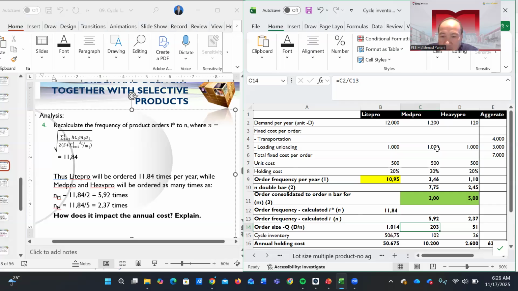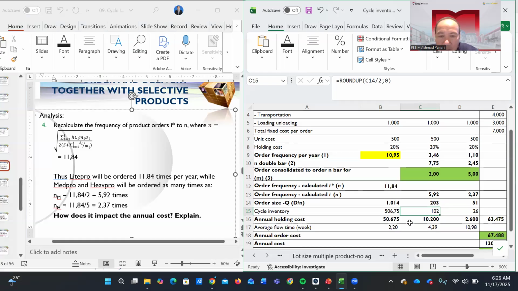Okay, and then once we know Q, we can calculate cycle inventory. Cycle inventory is Q divided by 2, and we can calculate the holding cost.